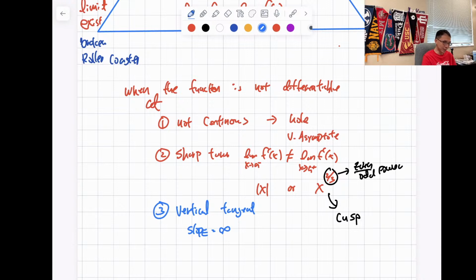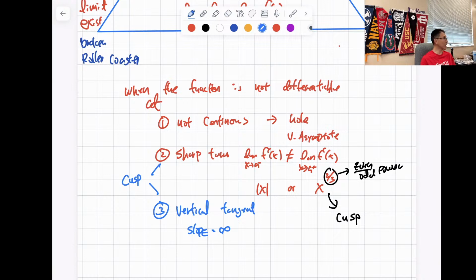Now you're going to say, okay, what does a sharp turn look like? Well, a sharp turn and a vertical tangent sometimes can overlap. In this case, a cusp is between a vertical tangent and a sharp turn. So a cusp is for both. It has a sharp turn and a vertical tangent at the same time.